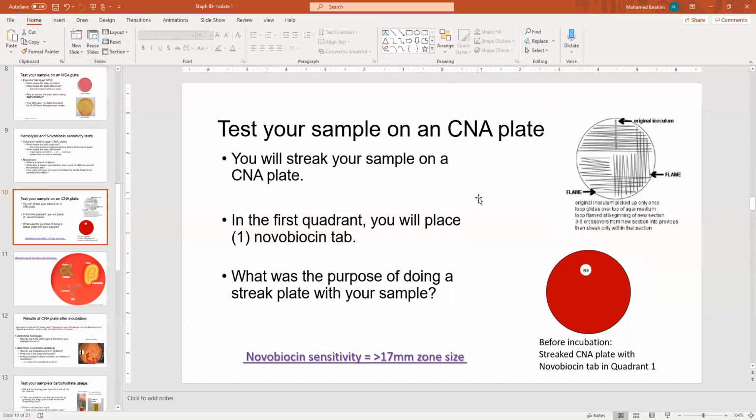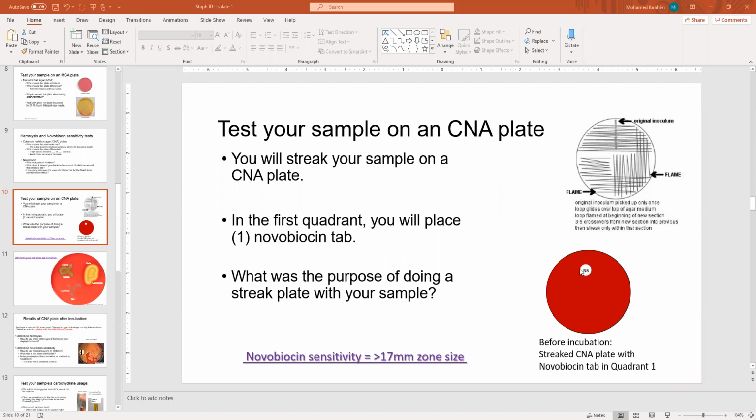What else is in this media? There is an antibiotic we call novobiocin, and this novobiocin is very, very important because different Staphylococcus species can be differentiated based on their ability to resist novobiocin. You have a disc saturated with the antibiotic, and you put it on the agar plate, and you look for what we call an inhibition zone.